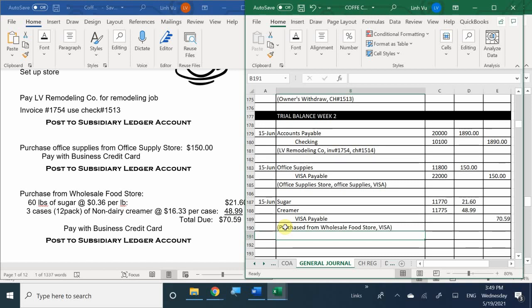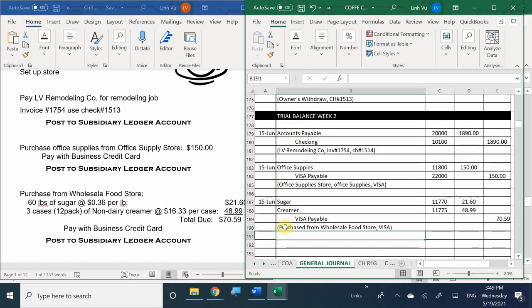Just put Visa, if you'd like. But again, in the journal itself, you already have that you're purchasing sugar and creamer. It says so right there in our journal, and it also says that we are paying with a Visa. So once again, that is redundant information, but if it helps you understand the transaction, you put as much information as you need.